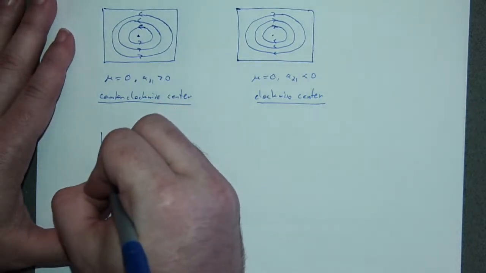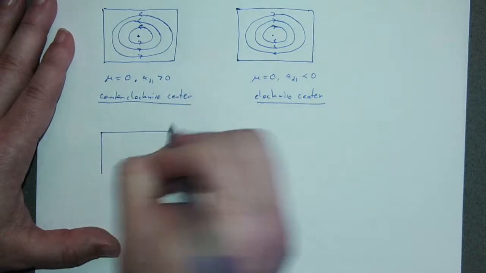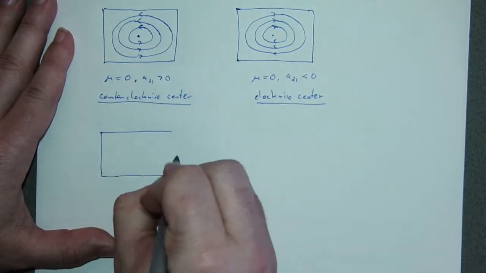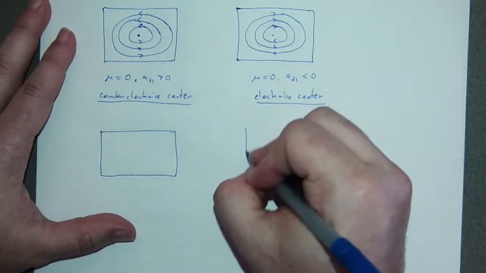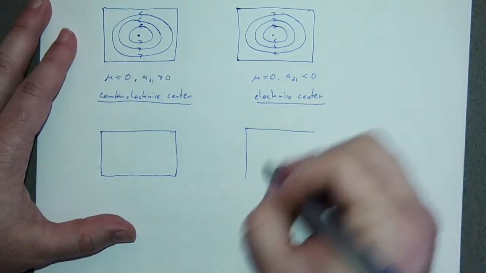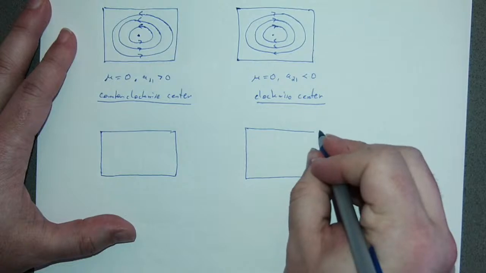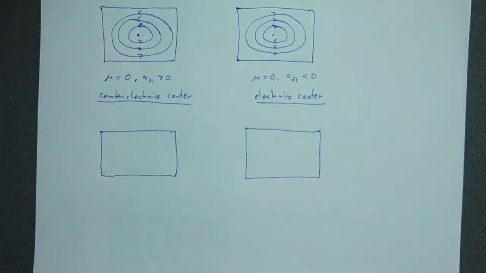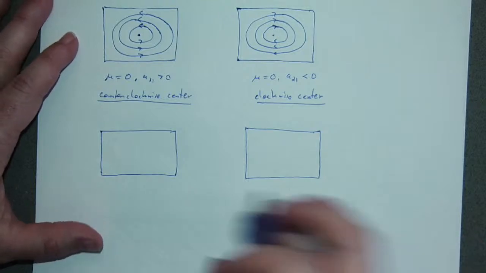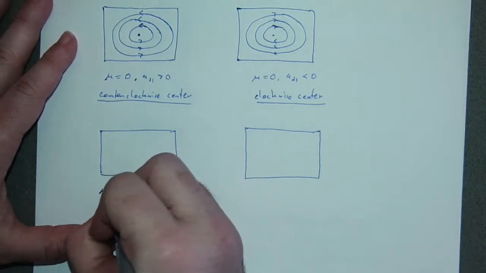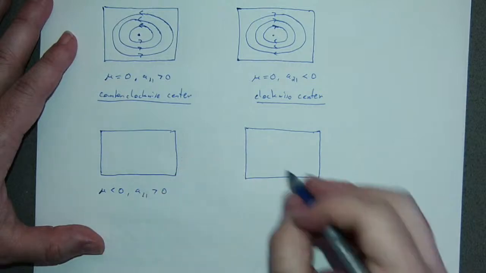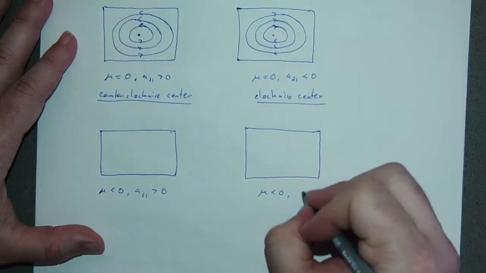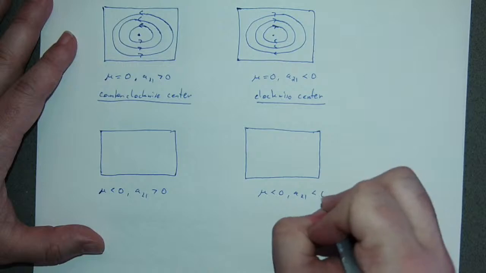Okay. Next case. So let's do the case when mu is negative: mu negative, A21 positive, and mu negative, A21 negative.